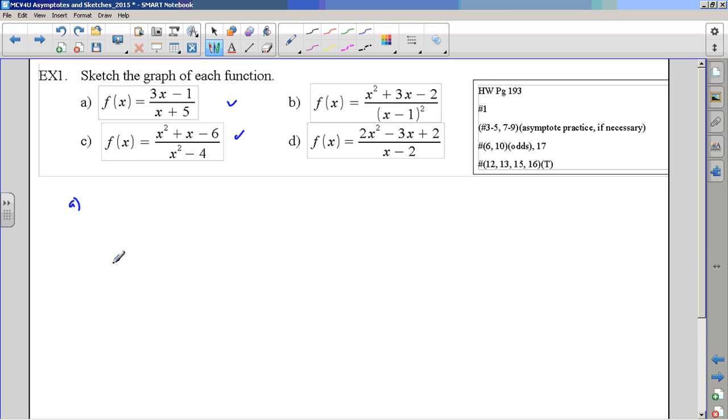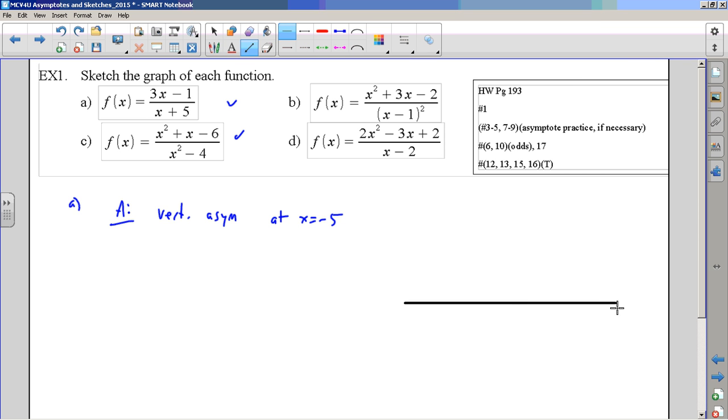So first of all, let's talk about the asymptotes. That was the first thing in our sketching algorithm. So here's A for asymptotes. We've got a vertical asymptote at x equals -5. And what I like doing, by the way, this is my favorite way to do these, is that here's my puzzle.